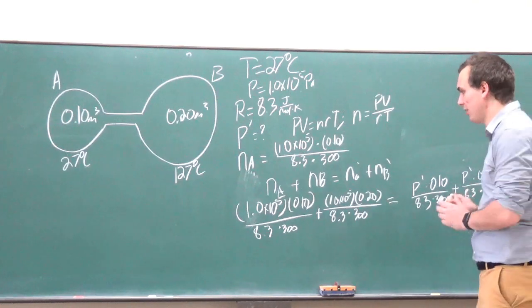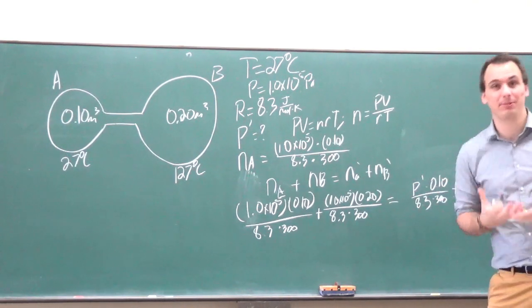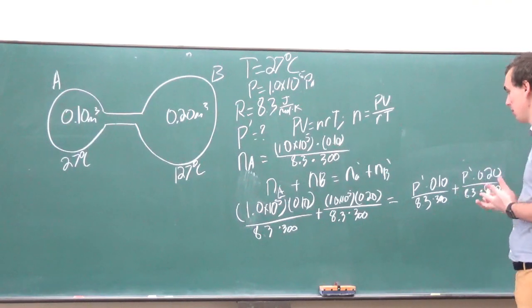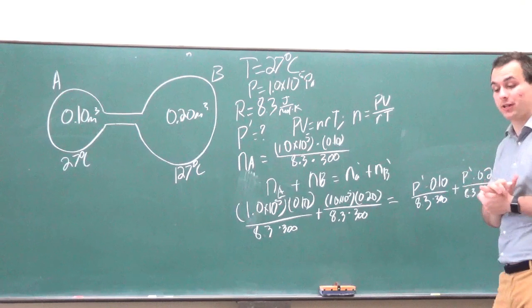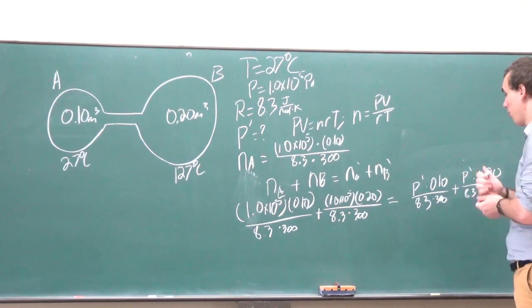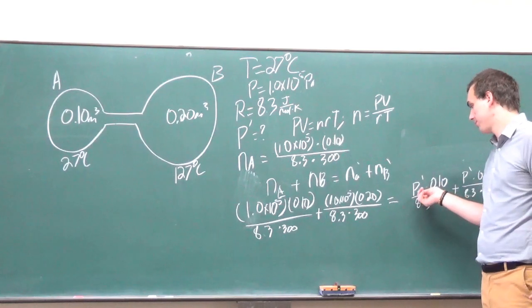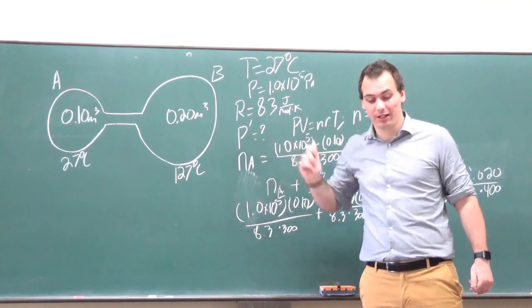Now, this is a lot of math, but thankfully it's very easy math. There are two things we can do, but the first thing I want to do is just solve for pressure. This is that pressure we were looking for in the beginning.